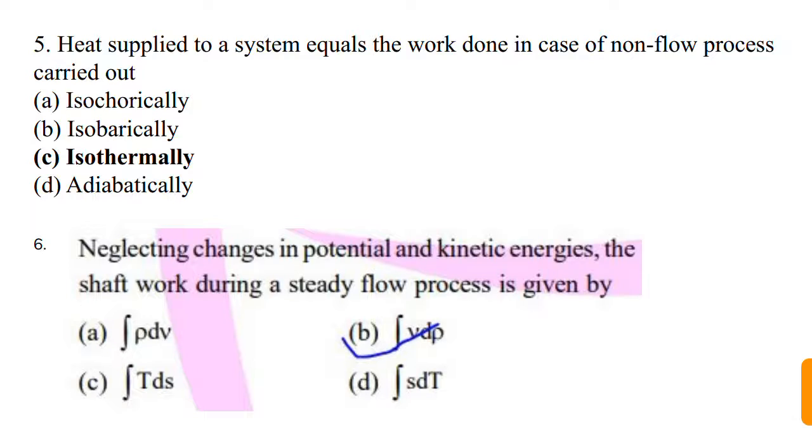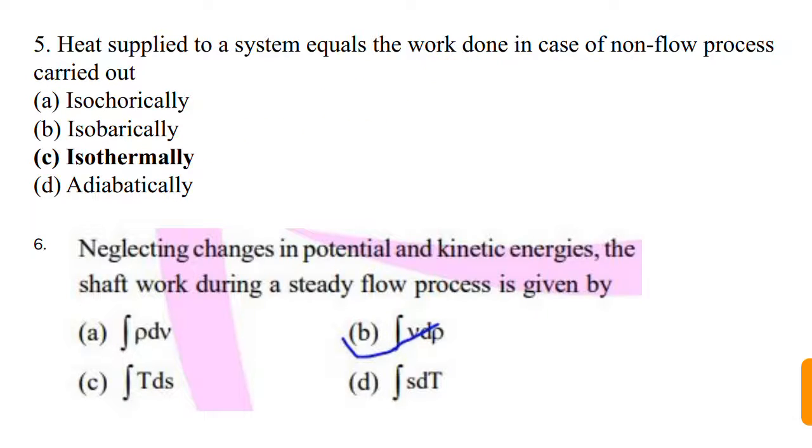So remember the first law of thermodynamics: delta Q is equal to delta U plus delta W, and if delta U is equal to 0, this means an isothermal process, because there is no temperature difference, such that delta U is equal to 0. So the correct option for this question is option C.